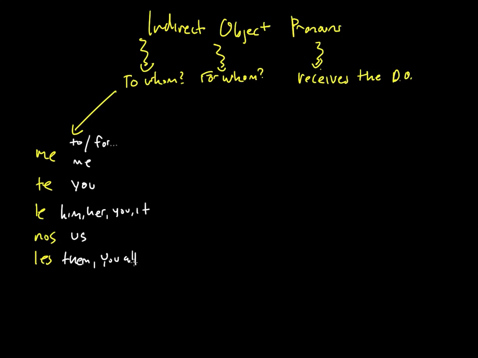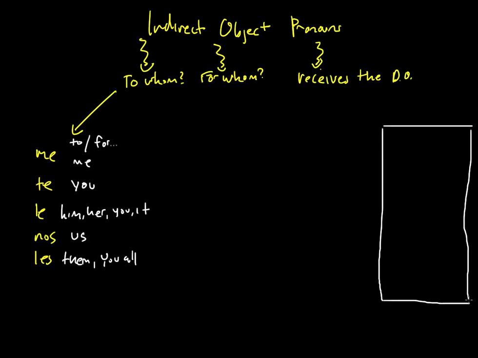Okay? Now, before I write a few examples, I'm going to make a box over here. And in this box, I'm going to write some common verbs that require indirect object pronouns.